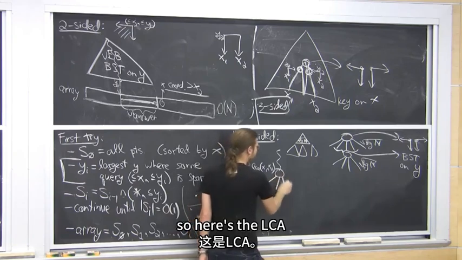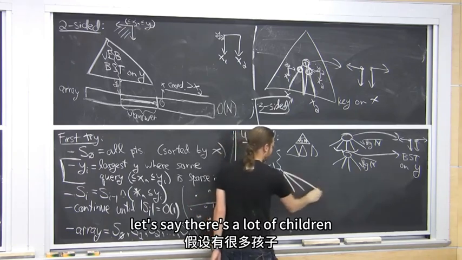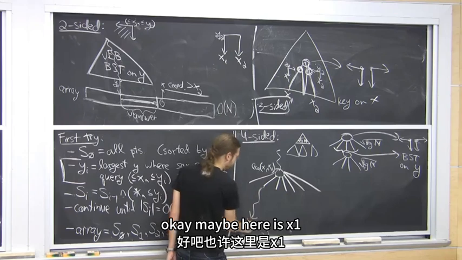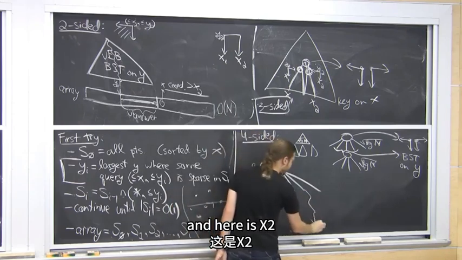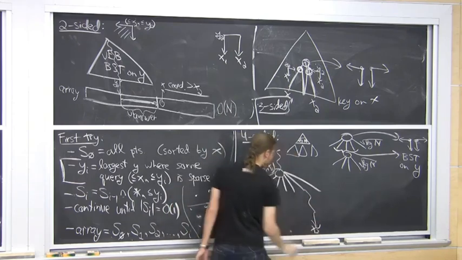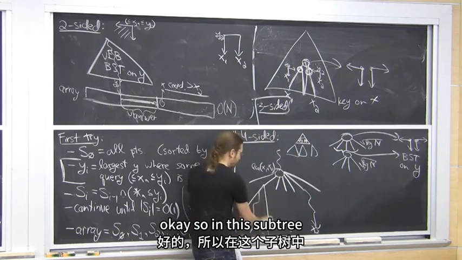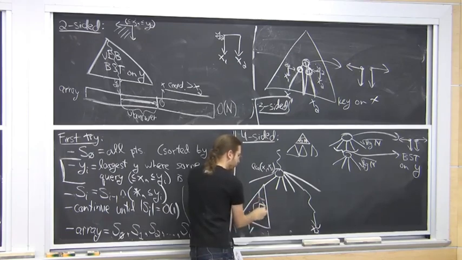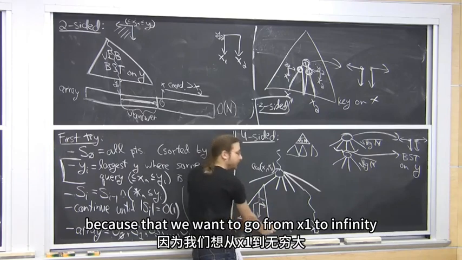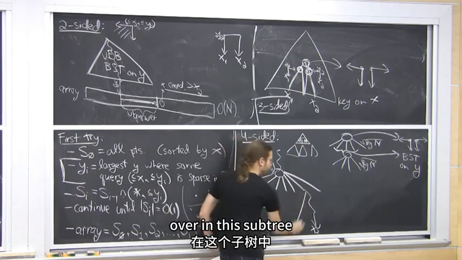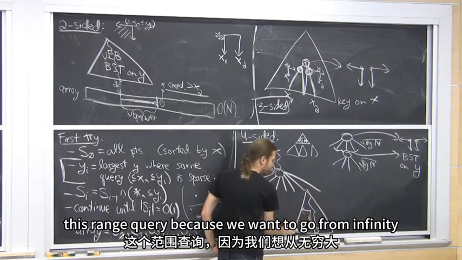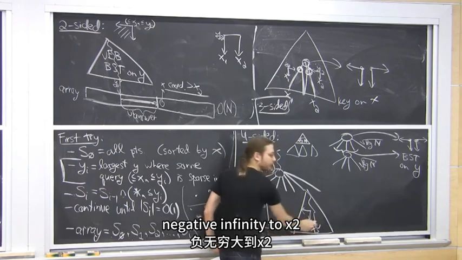So here's the LCA. Let's say there are a lot of children. Maybe here is x1, and here is x2. In this subtree, we do this range query, because we want to go from x1 to infinity. Over in this subtree, we do this range query, because we want to go from negative infinity to x2.